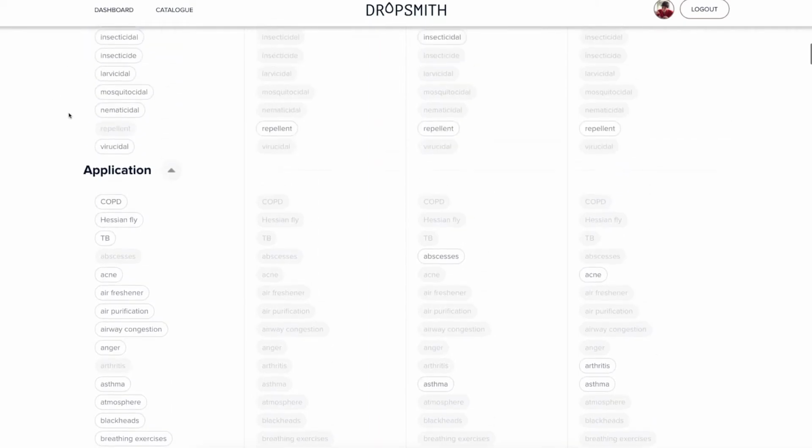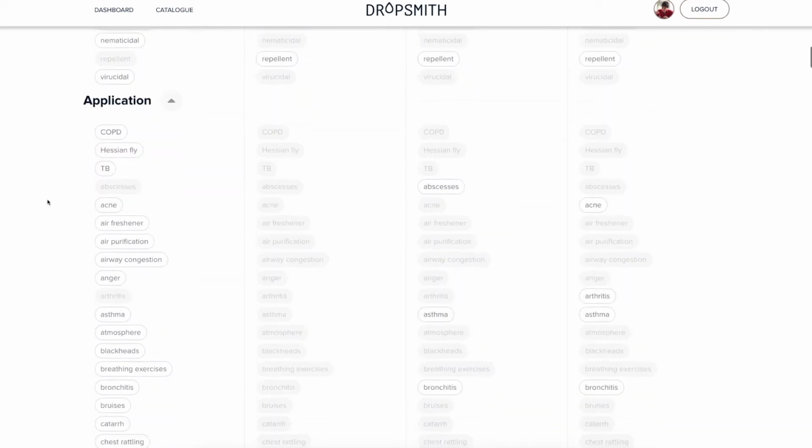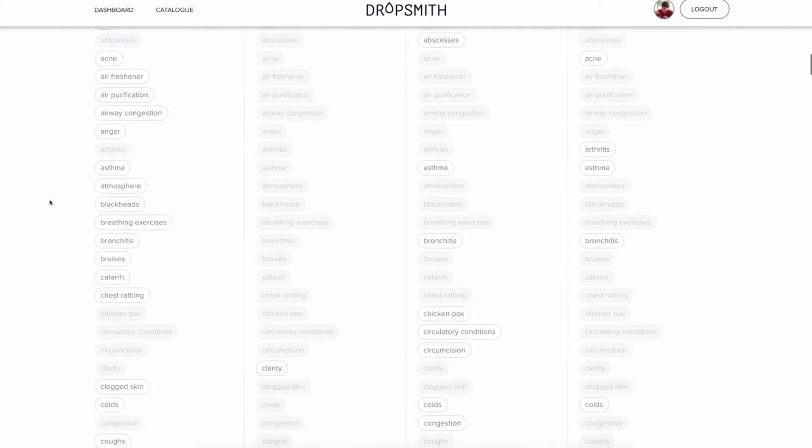If you want to see the properties, you might look at the properties of 1,8-cineole itself, but I want to see how 1,8-cineole affects the whole composition of the oil, if it does, by comparing oils that are similar.